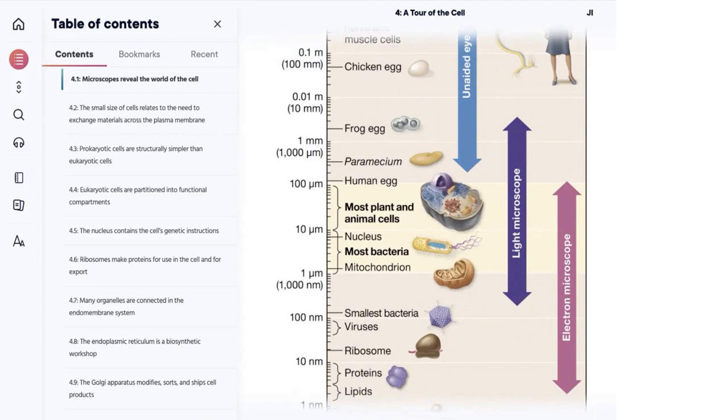Okay, and so in our laboratory in the first week of the semester, we had the metric system, and we learned about meters and millimeters and centimeters, and we used a meter stick to measure things. And we also mentioned that there are other units that are smaller than a millimeter, right? So 1 millimeter is actually equal to 1,000 micrometers.